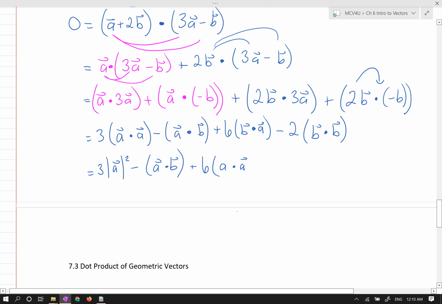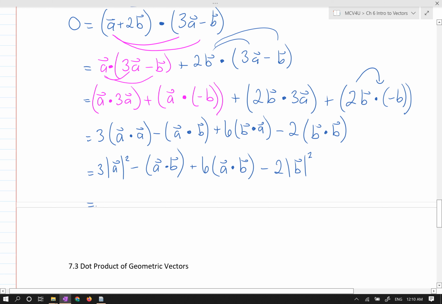And hang on, whoops, I copied that wrong. I know b dot a is equal to a dot b. So let's just rearrange that. A dot b. Fantastic. I'm using my commutative property here. Minus 2 times b dot b, which is going to be equal to the magnitude of vector b squared.